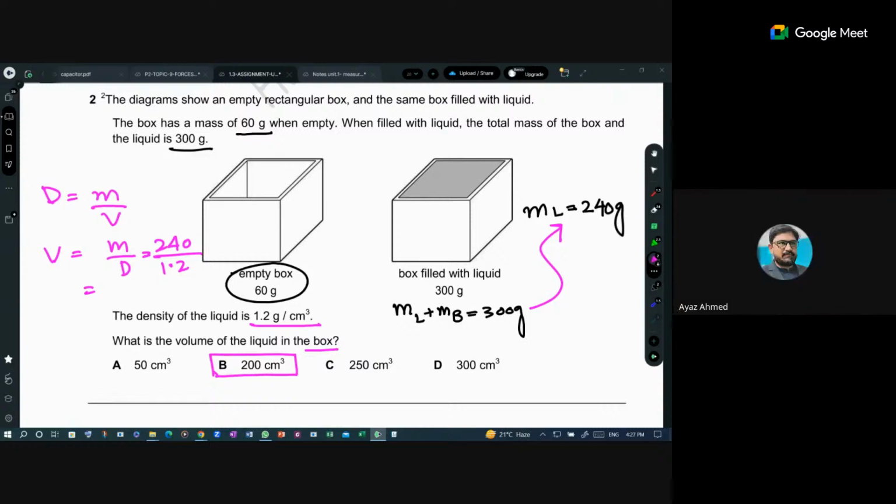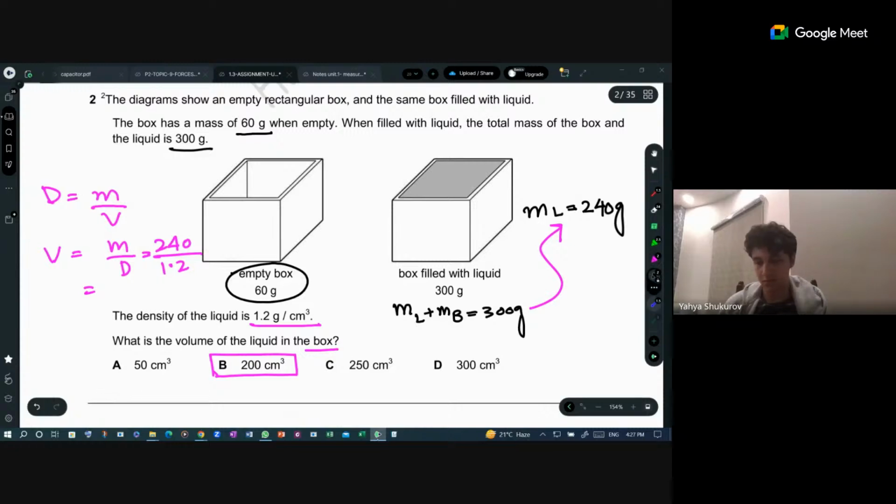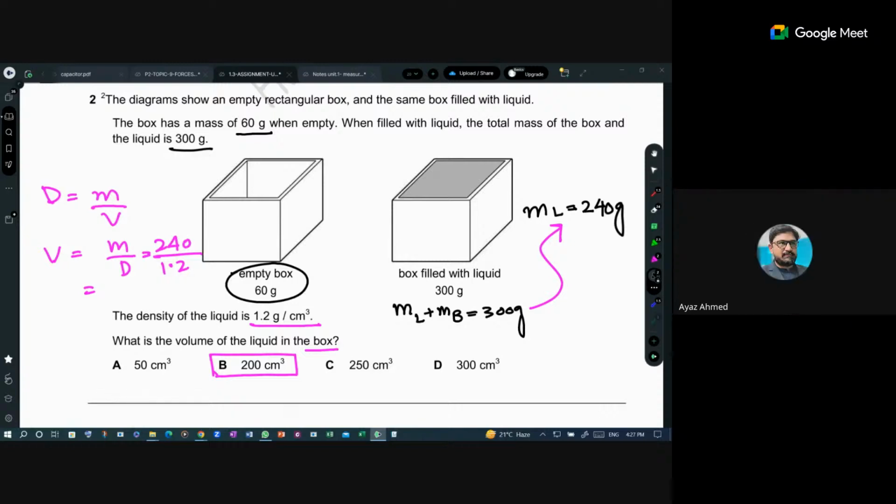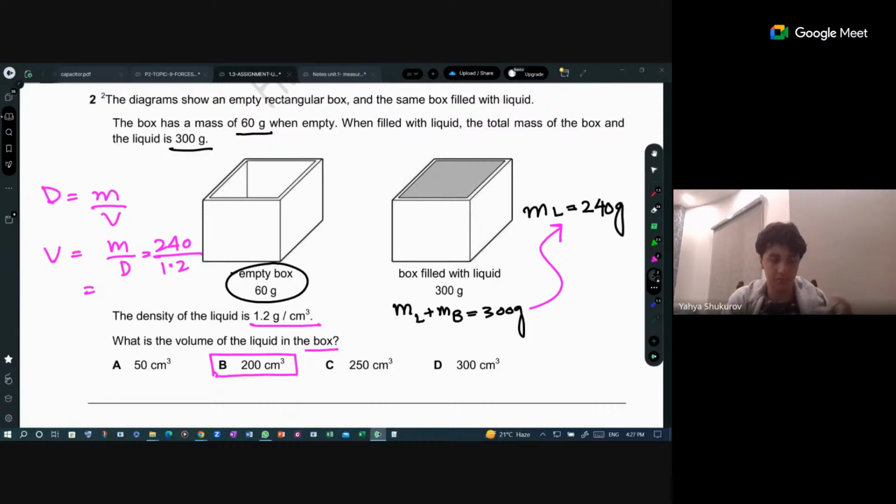Yes, I need a calculator. Just give it a minute. There's a problem with the sound system. Are you not able to hear me clearly? No, the problem is my microphone.